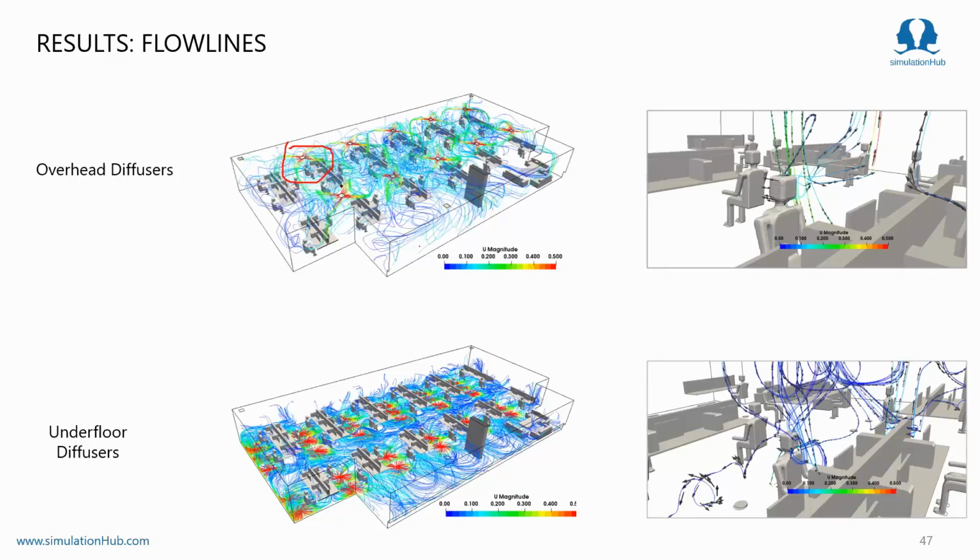So we need to avoid a mixing type ventilation system to control the airborne infection. And similarly here in the underfloor, you can see the swirl effect produced by the UFAD system. And these are some zoomed images on the right hand side.